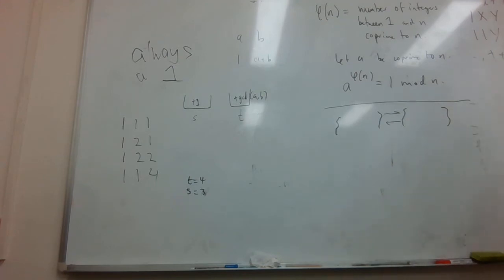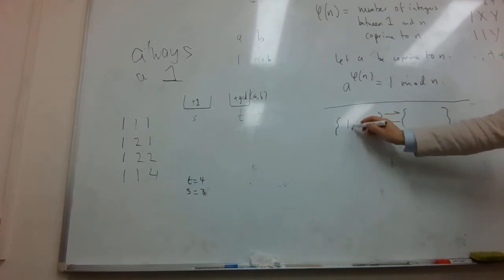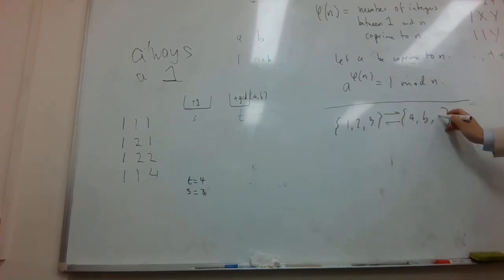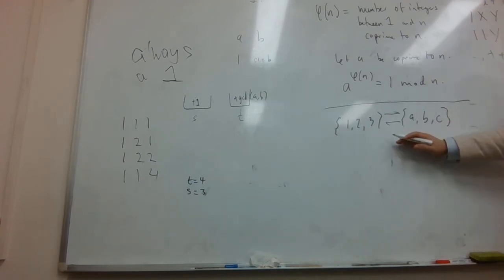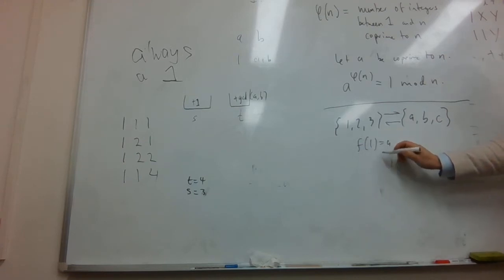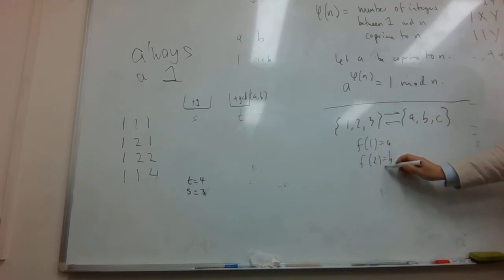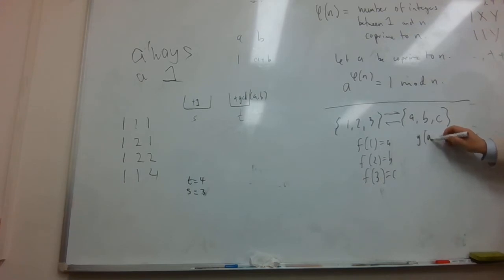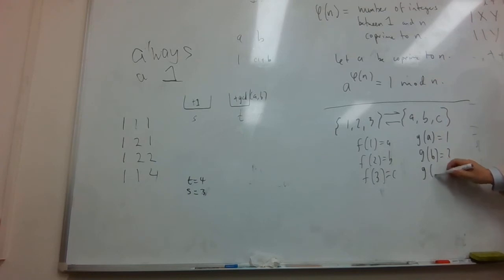Can you make an inverse function? Yeah, you just go the other way. Like if you have 1, 2, 3 and A, B, C, these are in bijection. f of 1 equals A, f of 2 equals B, f of 3 equals C, and g of A equals 1, g of B equals 2, g of C equals 3.